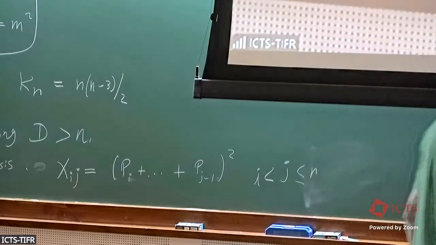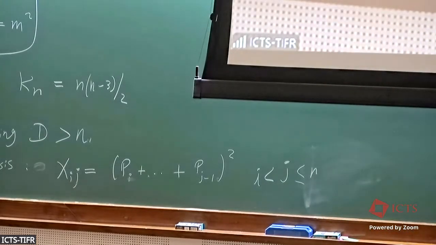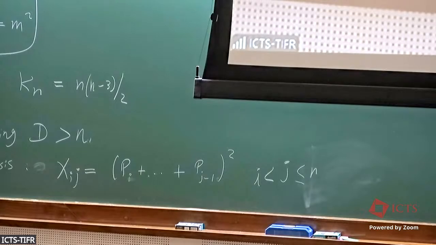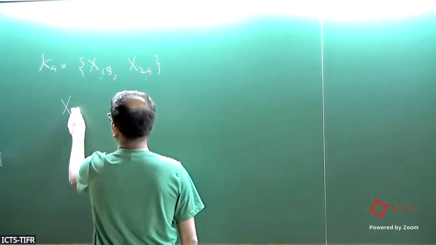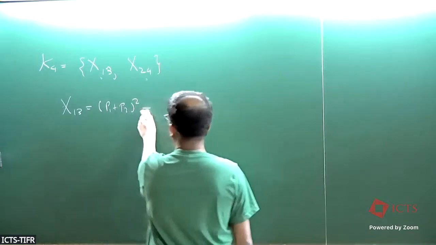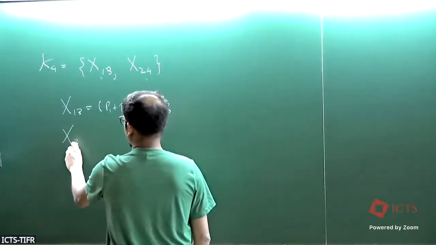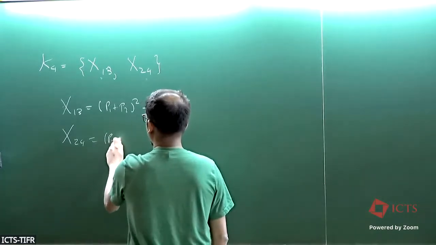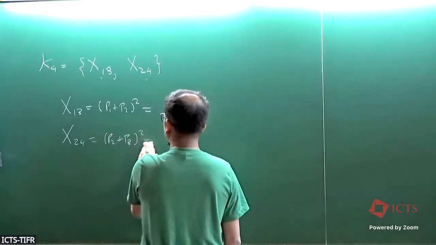And just to tie up with what we wrote earlier, for 4 dimensions, you see that there should be 2 independent Mandelstams, and this gives us a nice basis, which we wrote like this. If you follow the definition, x13 is simply (p1 plus p2) square, which is just s, and x24 is (p2 plus p3) square, which is t.